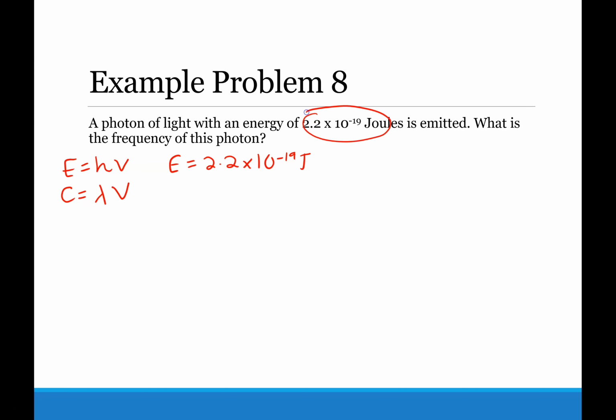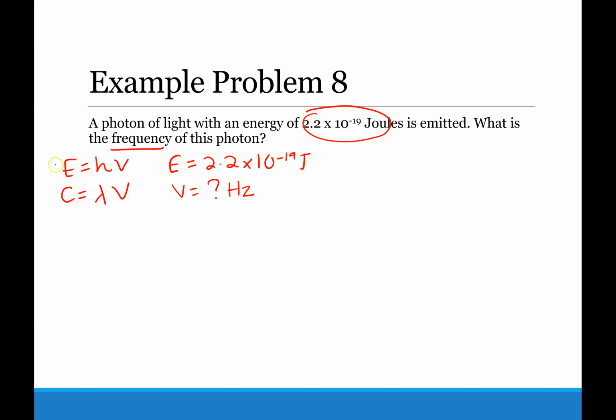That's told in the problem right here. And we're asked for the frequency, which is v, in units of hertz or reciprocal seconds. So we have a formula that gives us the E variable that we already have, that allows us to calculate v, and that we can substitute a constant in for one of those variables.